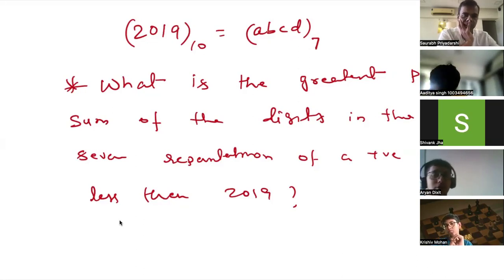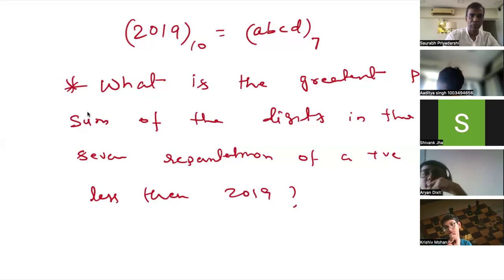Very good, Shivang. What is the number you are getting, Shivang? Write down. Two zero zero eight is with the base 10. Now you are converting this to base 7. Twenty-one. Very good. Let's see. Very good.